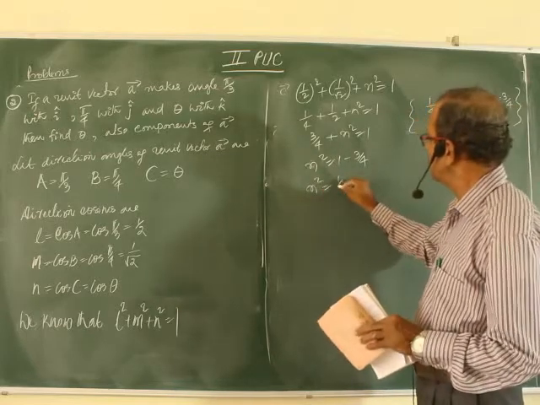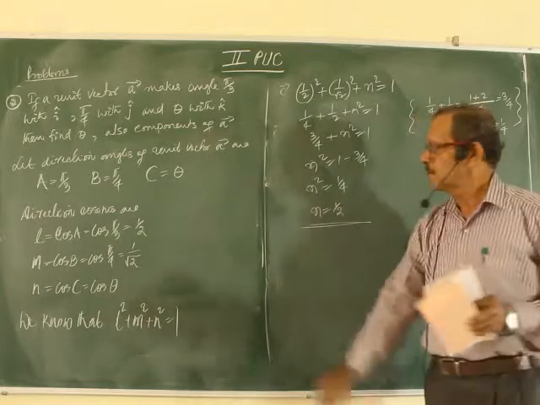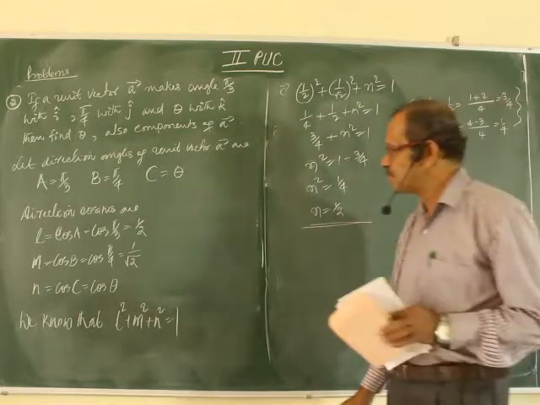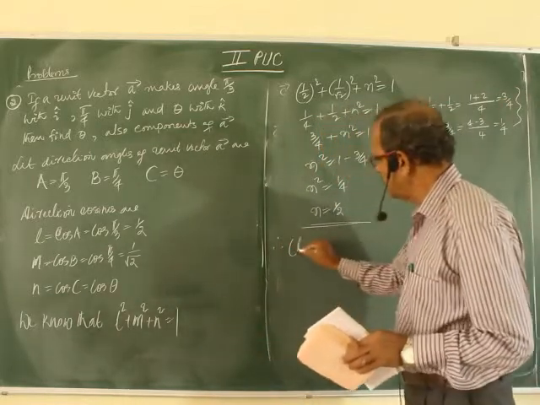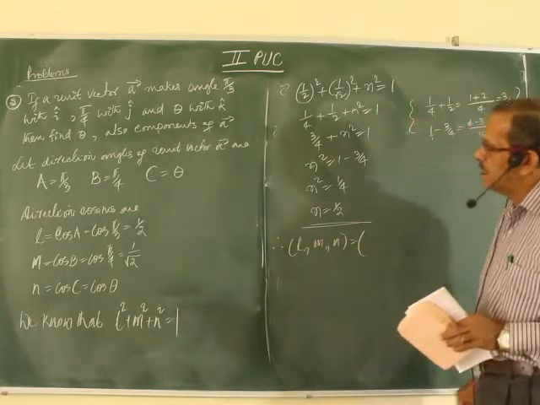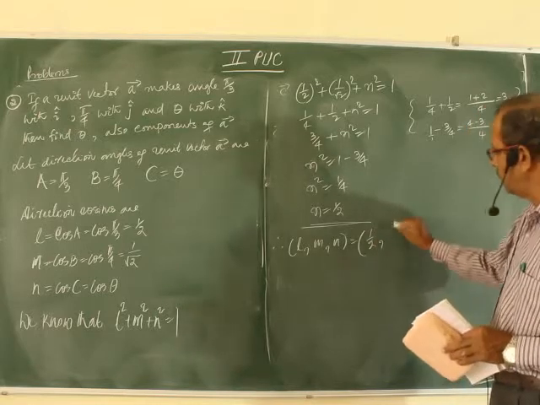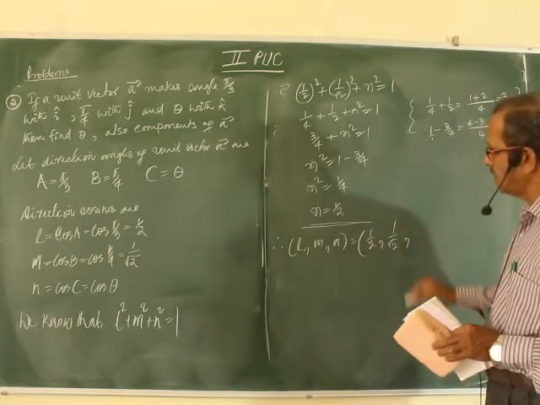N square equal to 1 by 4. N equal to always positive 1 by 2. Therefore, L, M, N is L 1 by 2, M 1 by root 2 and N 1 by 2.